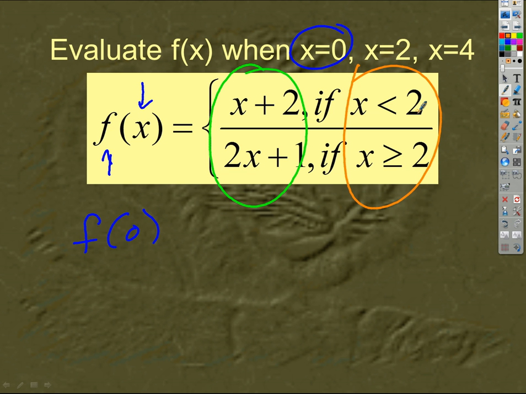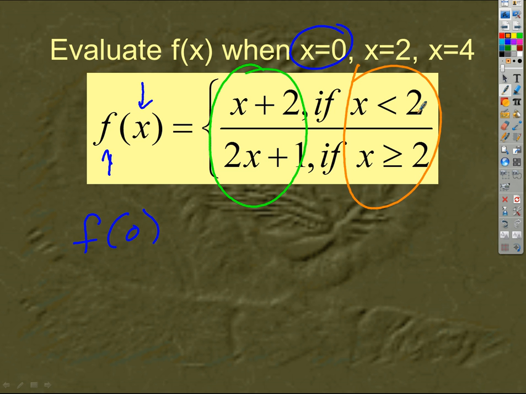But the domain... Oh, right, I understand the question. The domain is not used at all for actually graphing the function or evaluating it. All that it's good for is to tell you where the individual pieces are active. It tells you which equation to use, exactly.